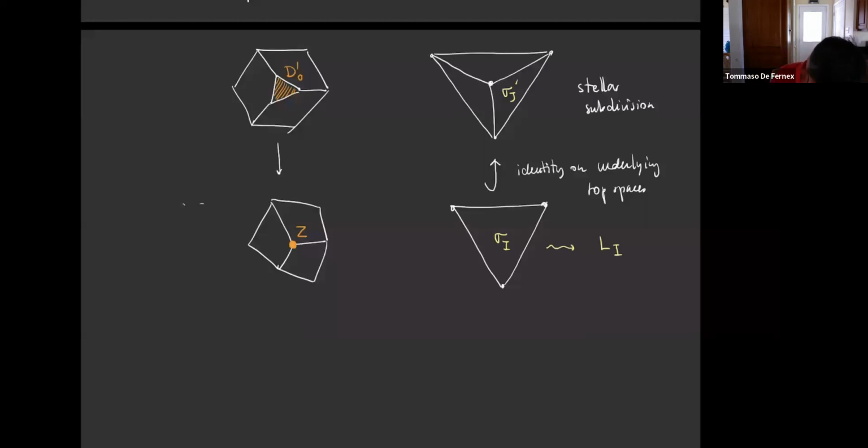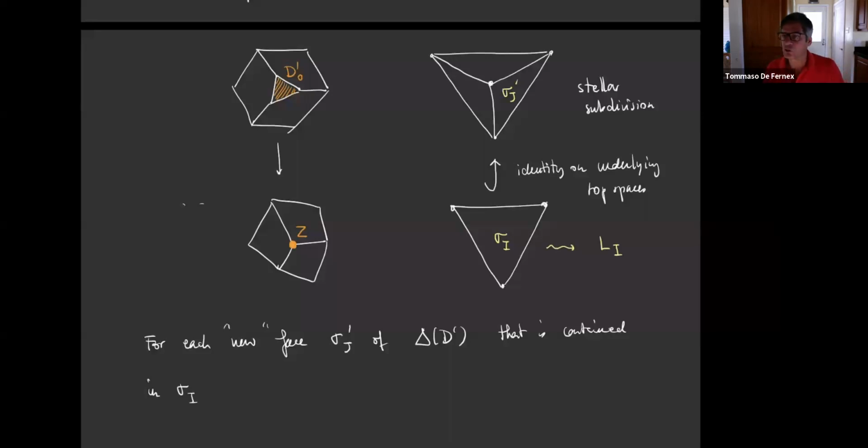Maybe for each new face sigma prime j of the dual complex of d prime, it is contained in sigma I. When I say contained, I'm thinking of the underlying topological space as contained as a subset in sigma I, under this interpretation, if you like, using evaluation spaces.